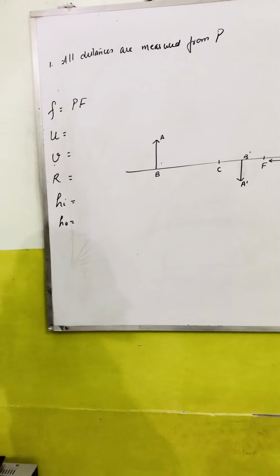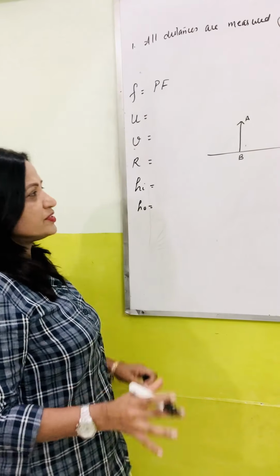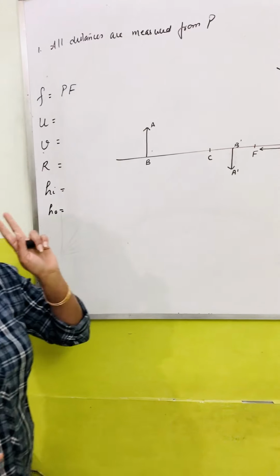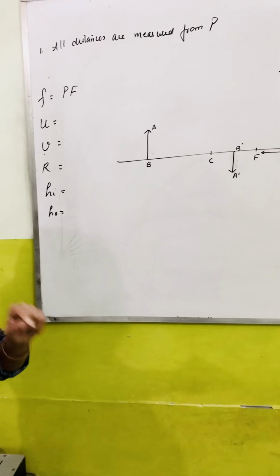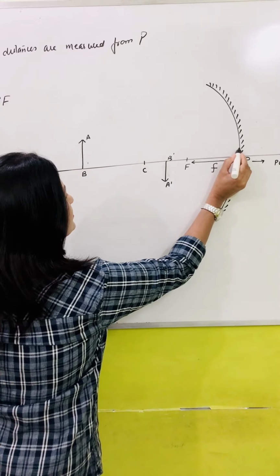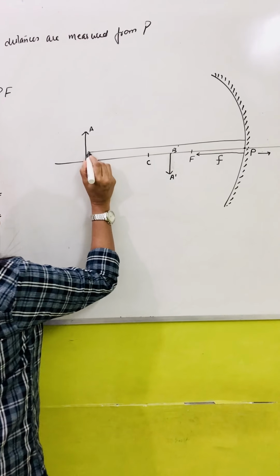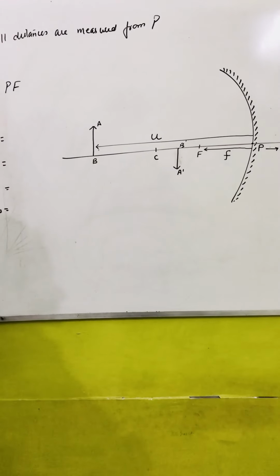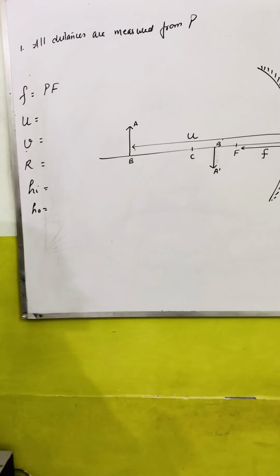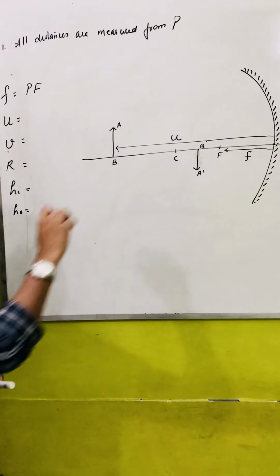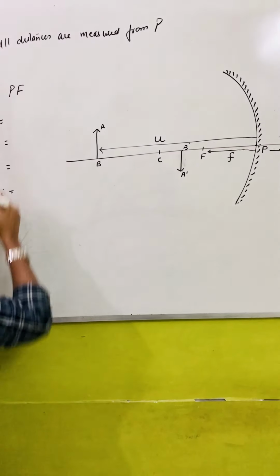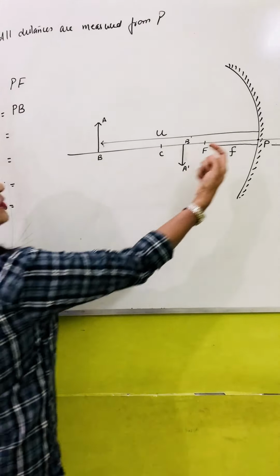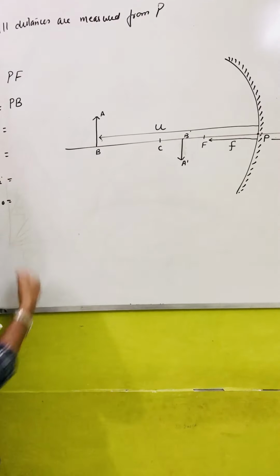Then comes the object distance u. Object distance means the distance of the object from the mirror, from the pole of the mirror. So this distance is object distance. If I have to measure the object distance, I will have to measure PB. So it is denoted as PB. Once again, starting from the pole to the object.